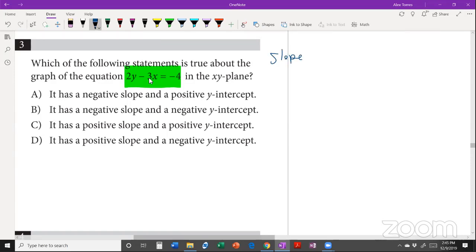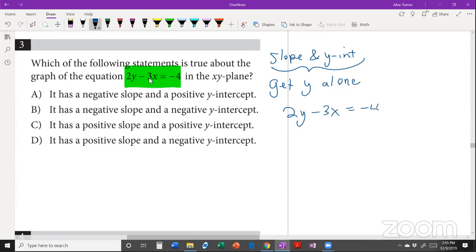When you want the slope and y-intercept, generally speaking, that's another way to say we should be getting y alone. So let's go ahead and do the work involved in getting y by itself. You can add 3x to both sides, so that'll make 2y be by itself. So plus 3x minus 4.